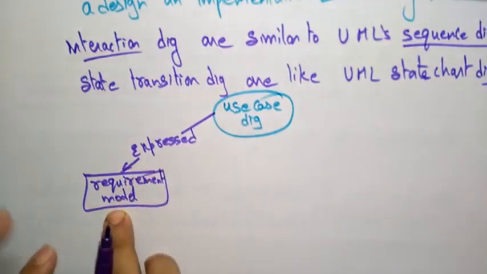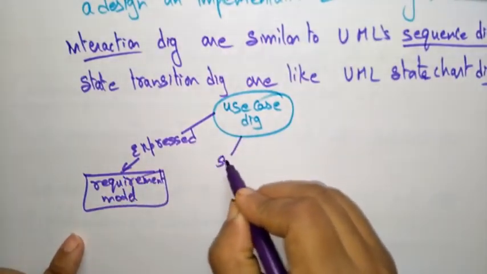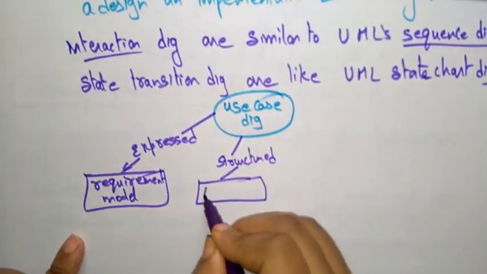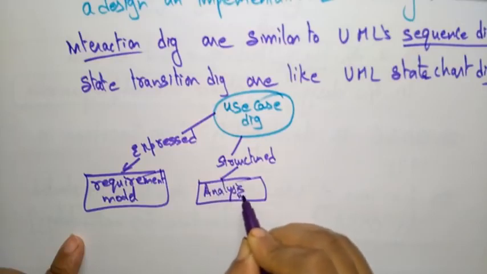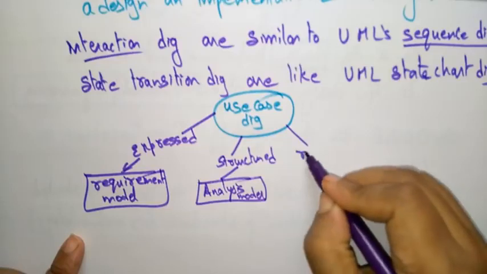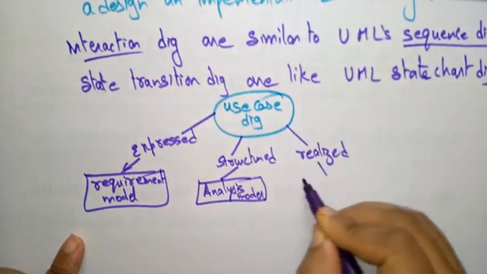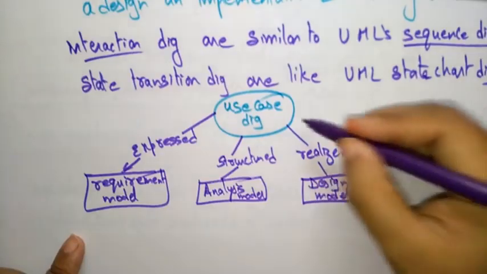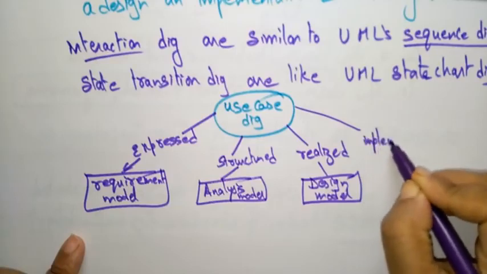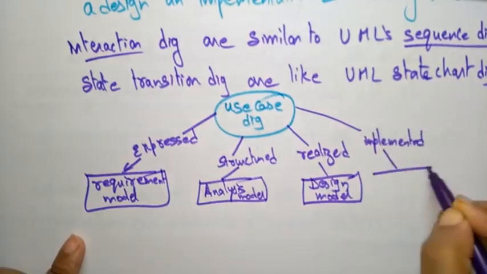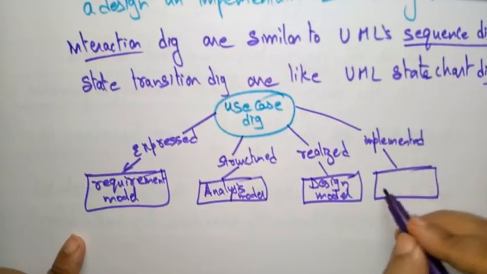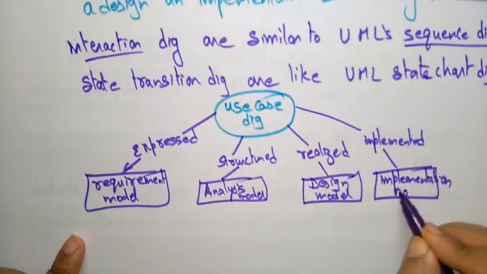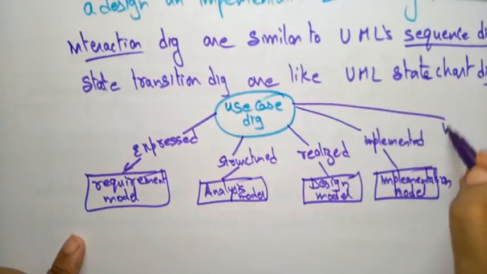Use case diagrams are expressed in the requirement model, structured in the analysis model, realized in the design model, implemented in the implementation model, and finally verified.